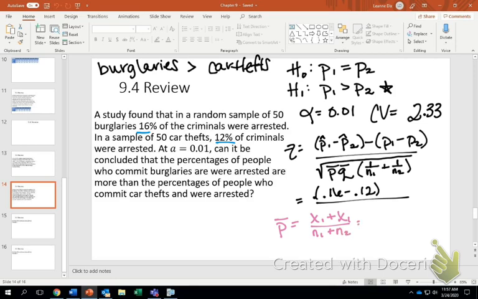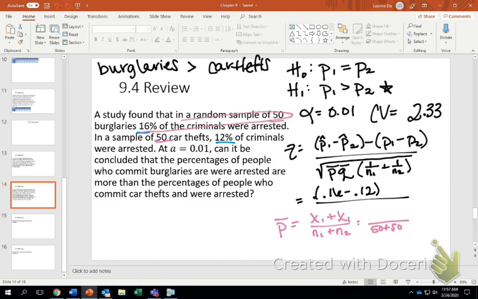All right, so if we go over here, it doesn't tell us how many people there are to get the 16%. They just tell us that in the bottom we have 50 people in our sample for the burglaries and 50 people in our sample for the car thefts. Okay, so we have those two pieces of information, but we don't actually have the exact number of people, but that's okay. We can actually still figure it out.